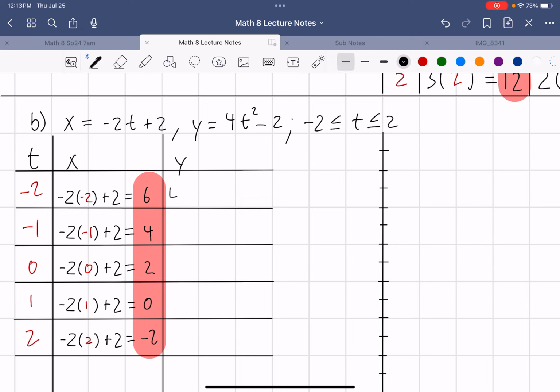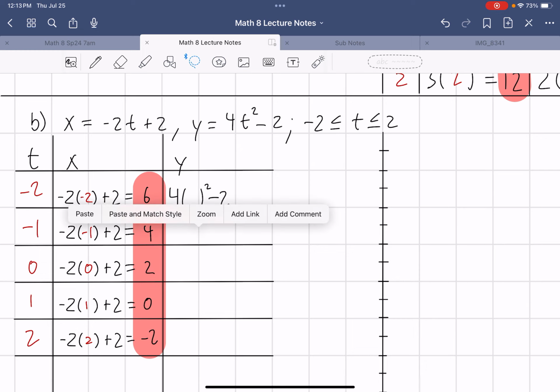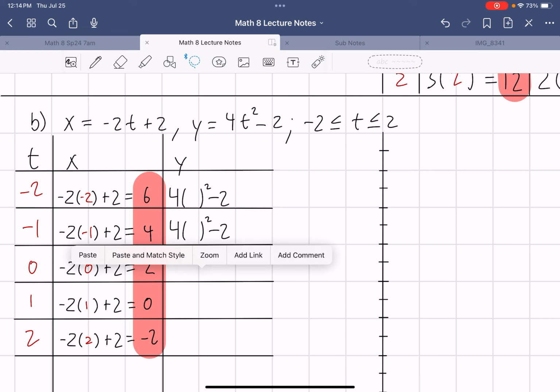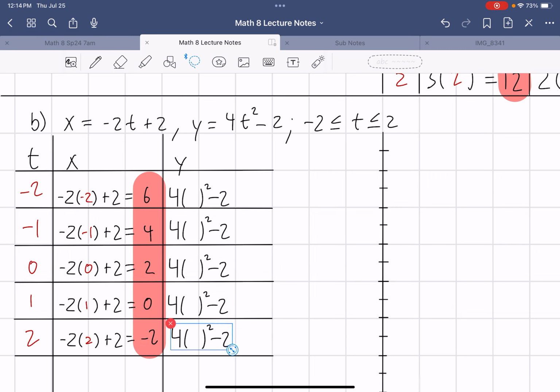Now we need to get our y's, which is going to be 4t squared minus 2. And like I said, we can copy this to make things a little bit quicker. So we can put the -2, -1, 0, 1, and then 2.